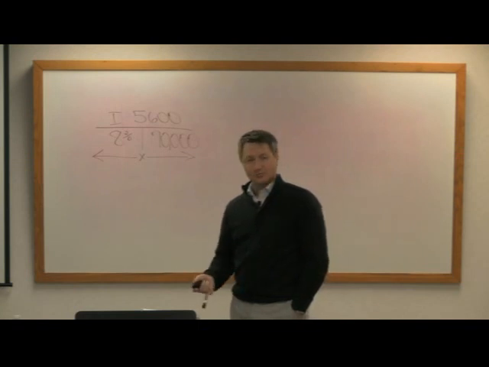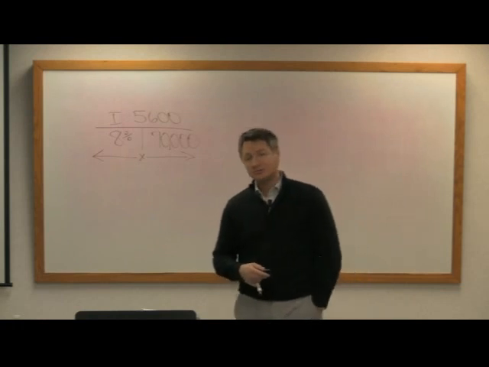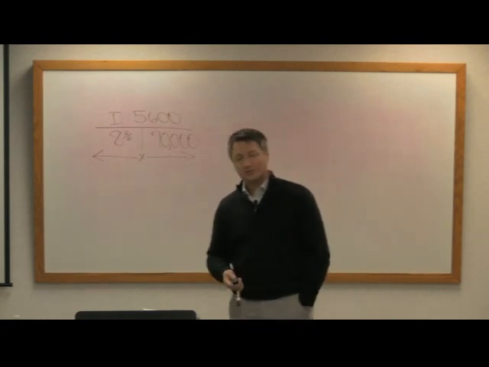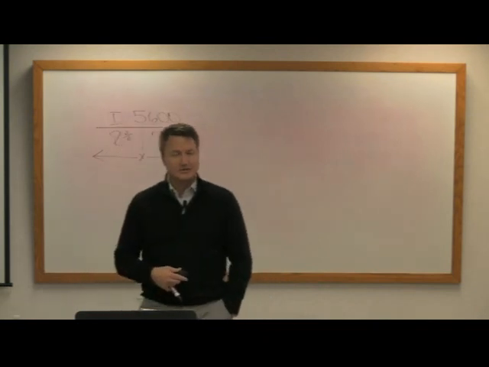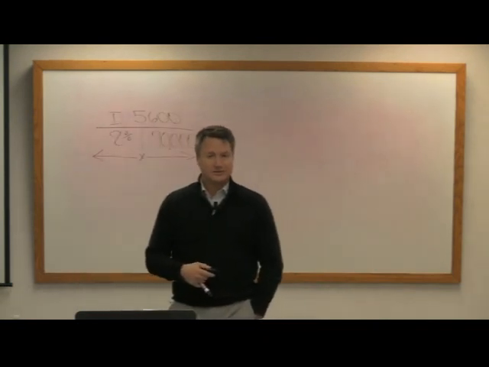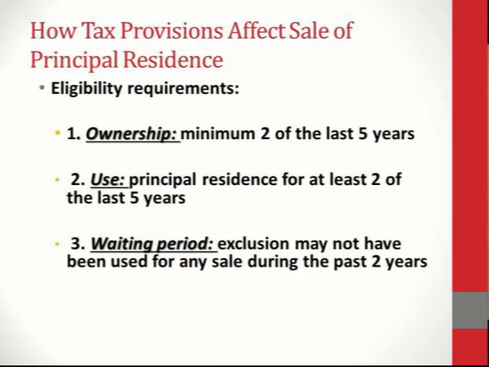And like number 2 says, for the use, it has to be used by you for 2 out of those 5 years. And you can't have used it on any sale during the past 2 years. So the number 2 is kind of the number to remember for the capital gains.